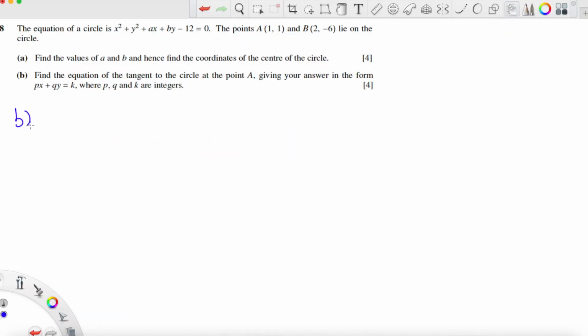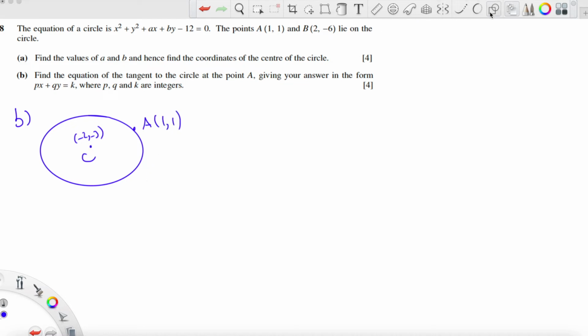For the second part, I first construct a circle. So here is the center, which is negative 2, negative 3, and here, for example, is point A, 1 and 1.